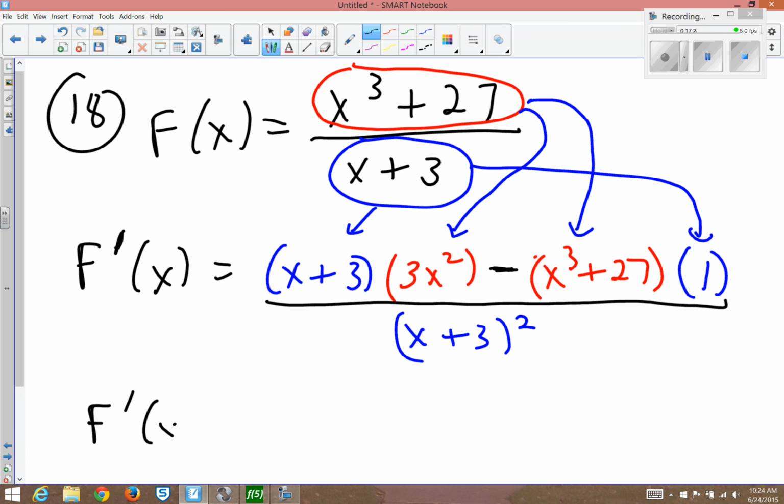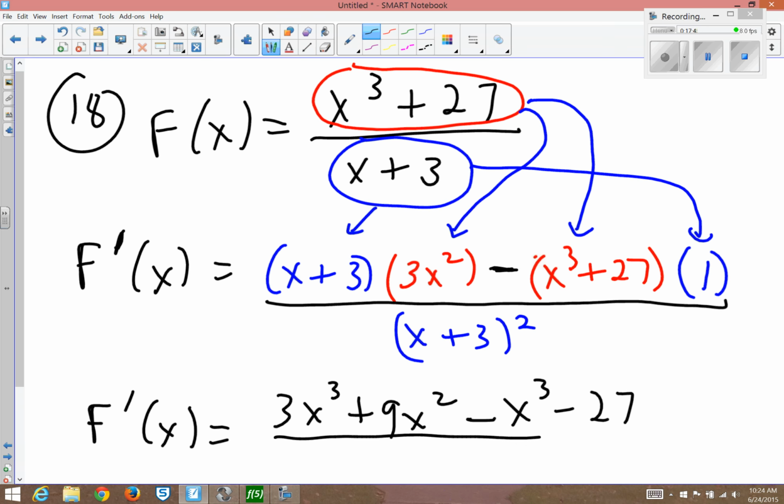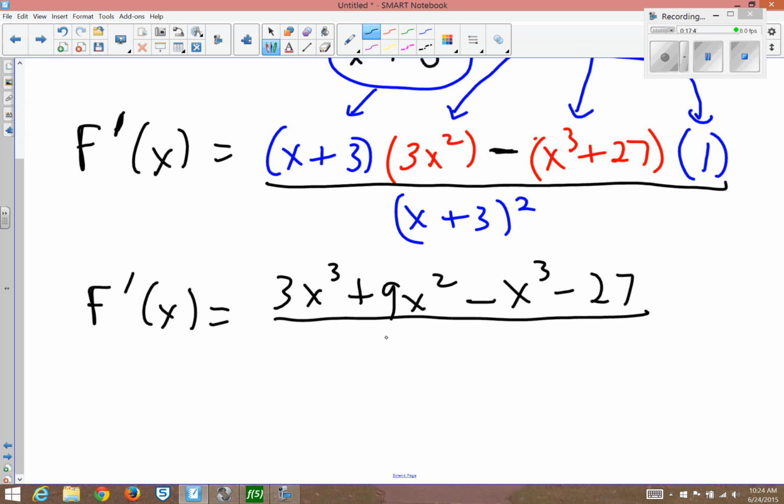F prime of x equals, distributing here, we have 3x cubed plus 9x squared. This minus distributes into the red, and so does this 1, minus x cubed minus 27, all over x plus 3 squared.